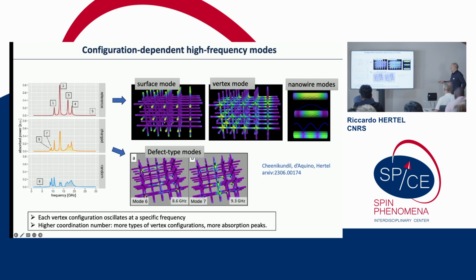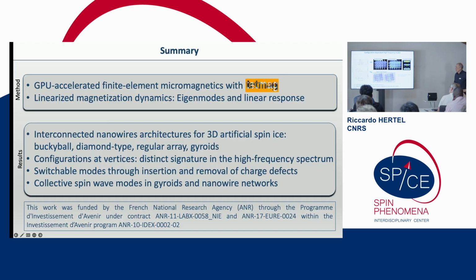And we could see that basically we find the same behavior. The surface is oscillating at a specific frequency. The vertices inside the sample have their own frequency. The nanowires have distinct frequencies. And depending on the magnetic configuration, we get different peaks when we have these magnetic defect type structures that occur.